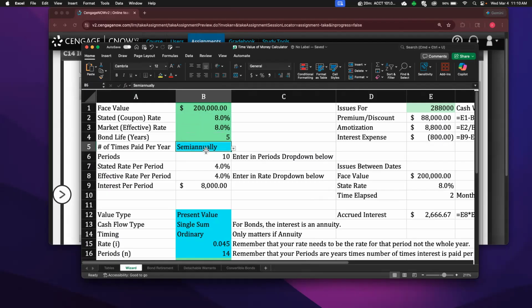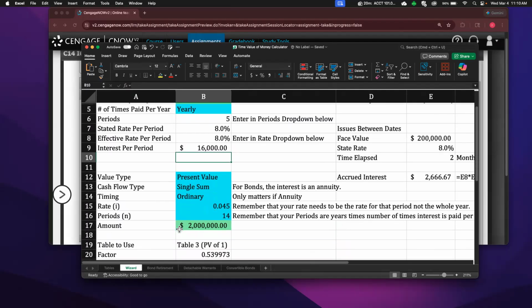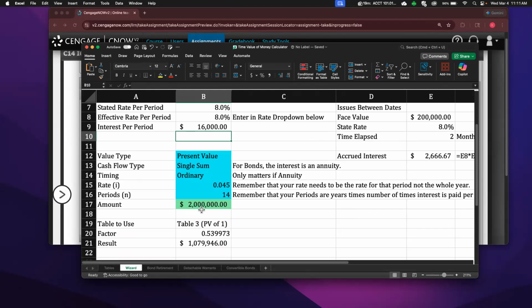And instead of semi-annually, here we want to go to yearly because it's 5 periods. Present value, single sum. I don't know for sure that this is going to work with our table.